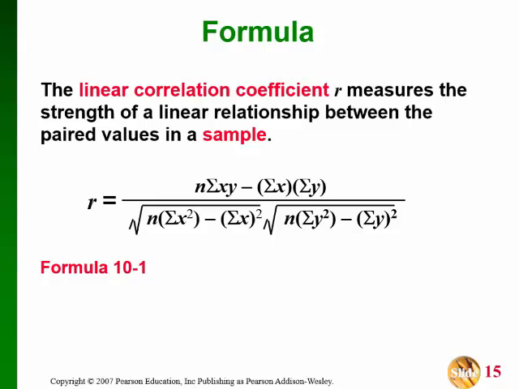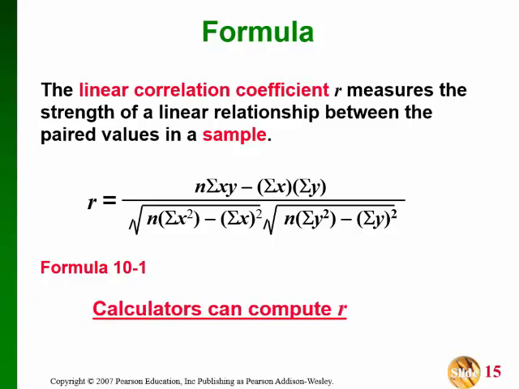Don't try to use this formula because, one, it'll take you a long time. Two, there's a lot of room for error. Three, you get to use a calculator, so no need to worry about this. But this is how the formula would look if you didn't have a calculator. So again, thank goodness for the calculator. And computers can compute it too. Excel can find your correlation coefficient.